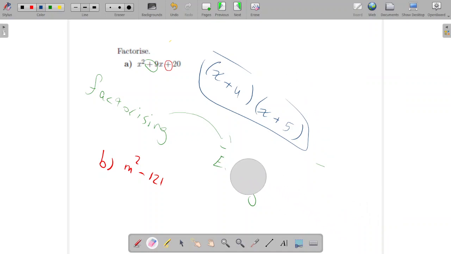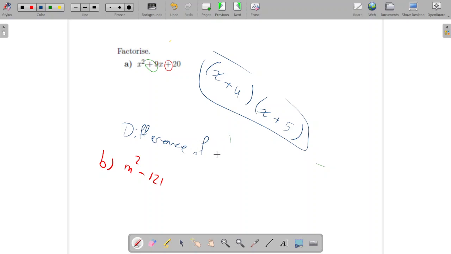Now let's talk about another example. This example is about factorizing when it's called the difference of two squares, or difference of squares.